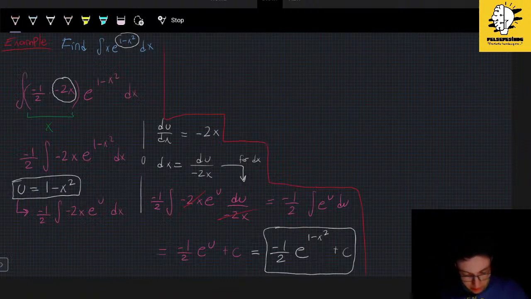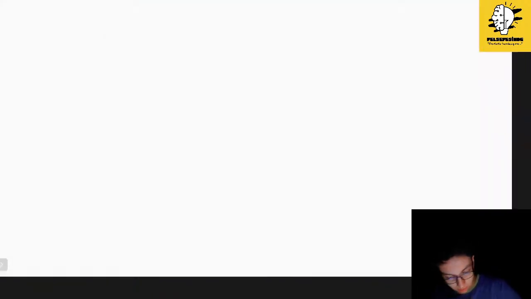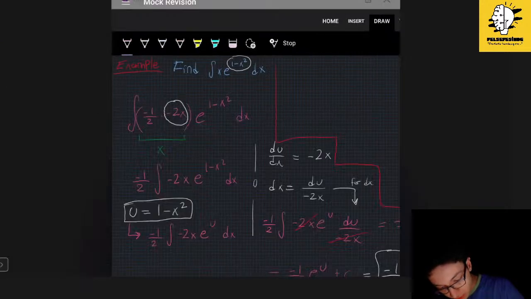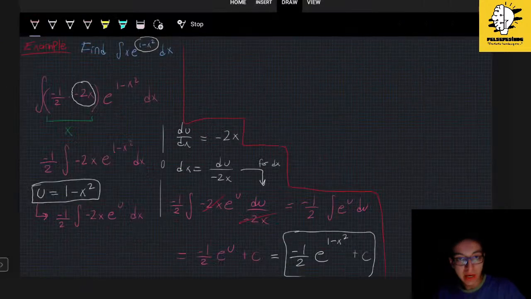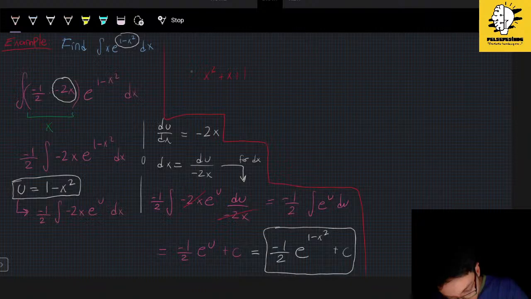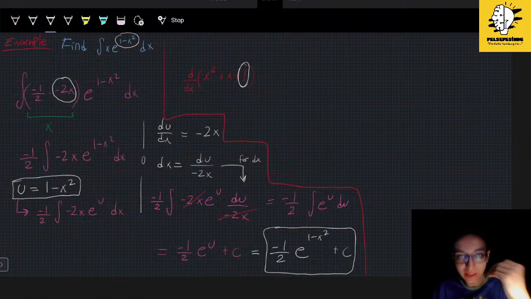But the basic thing is that, let's imagine that we have something like x squared plus x plus 1. If I was to differentiate this, the 1 would be lost, right? The 1 over here would be lost. It would be 0. Differentiation of any constant value is 0.